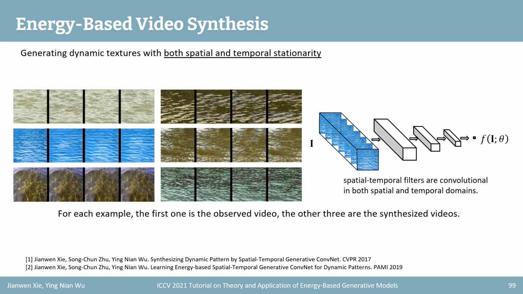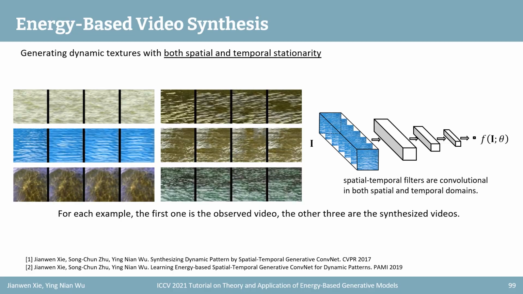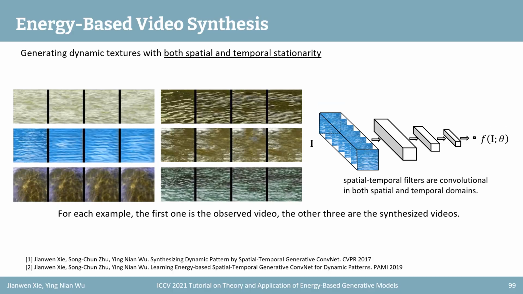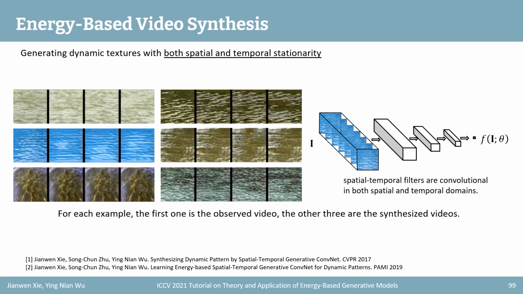Dynamic textures or texture motions exhibit statistical stationarity in the temporal dimension. Examples include flowing water.